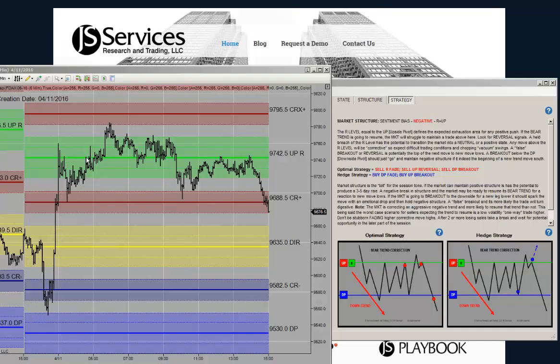We're expecting an exhaustive move. And as soon as they start to fail here, and we get this breakdown, and we're getting pullbacks here, we're anticipating this to be the high point. And granted, the DAX didn't give us a lot of opportunity, but it definitely told us that it wanted to trade lower. And that's what our expectation was.